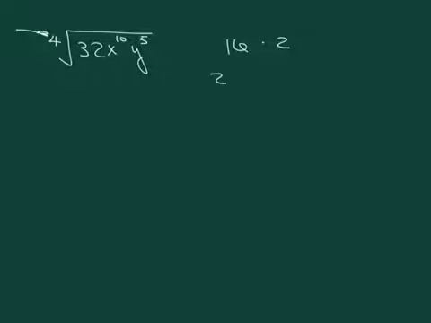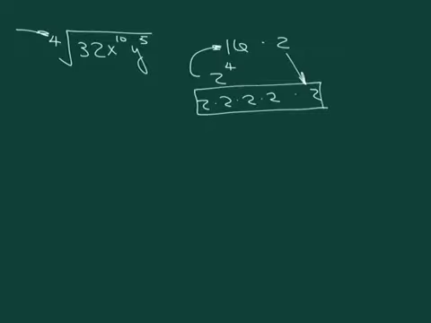So 2 to the fourth power is 16. So, because those are the same, then that works. So what I have here is 2 times 2 times 2 times 2 times this 2, which gives me my 32.